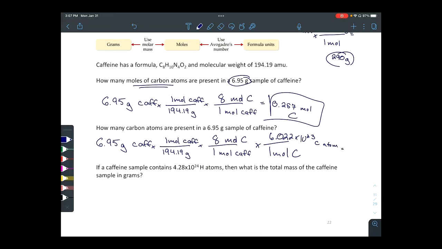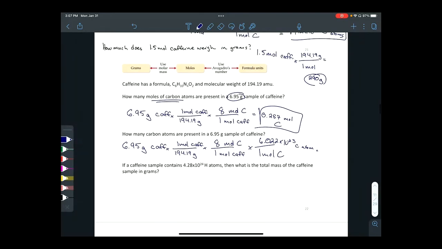So if you see this, what we're doing here is the exact same thing we did in the previous slide. But in the previous slide, I gave you moles of caffeine, all right? But in lab, there's nothing that can tell you how many moles of something you have. Typically, when you have a sample and you want to figure out how much matter you have, you put it on a balance to measure mass.